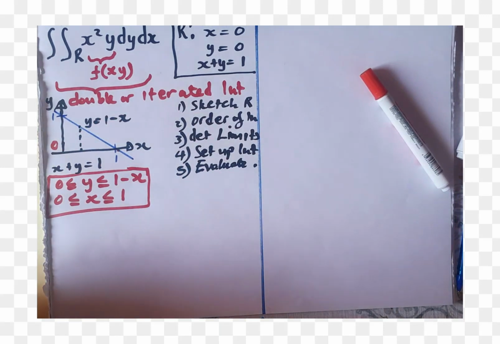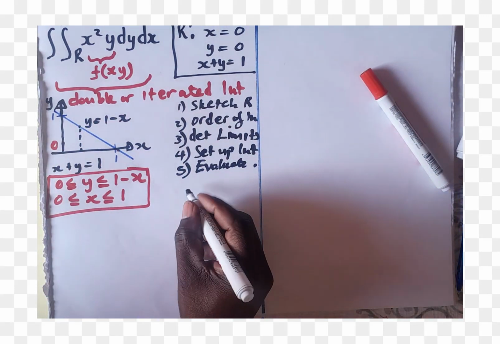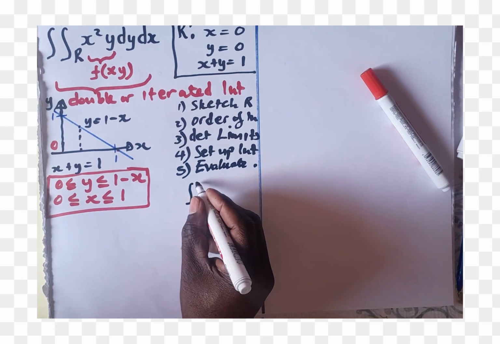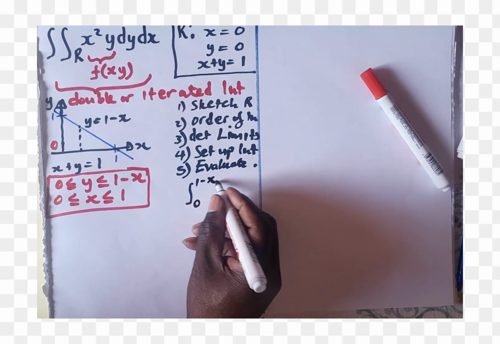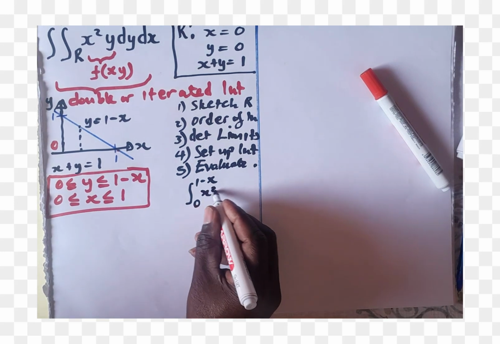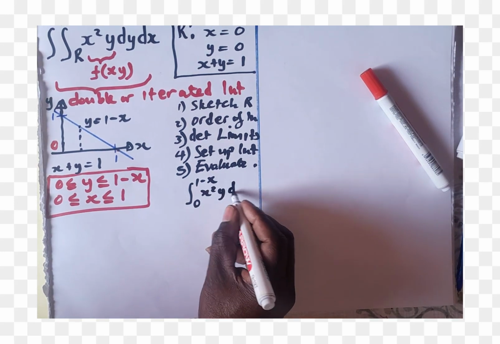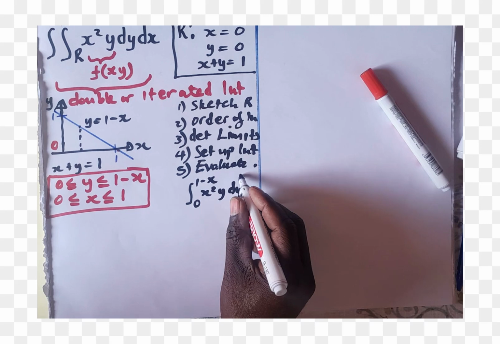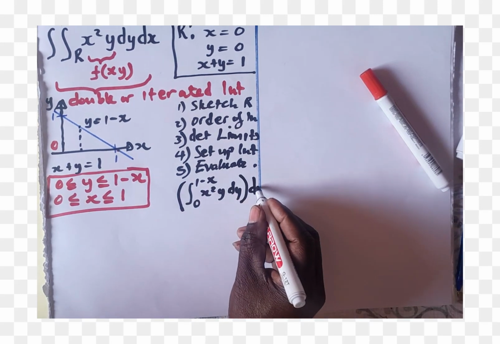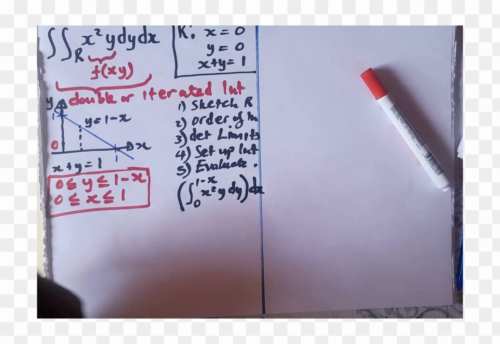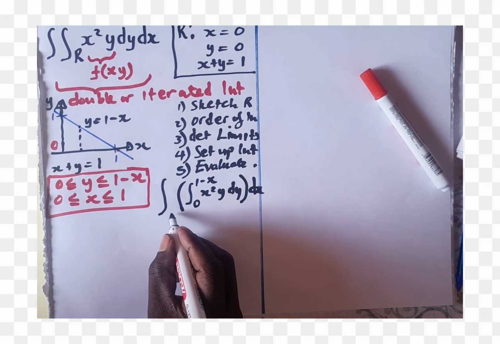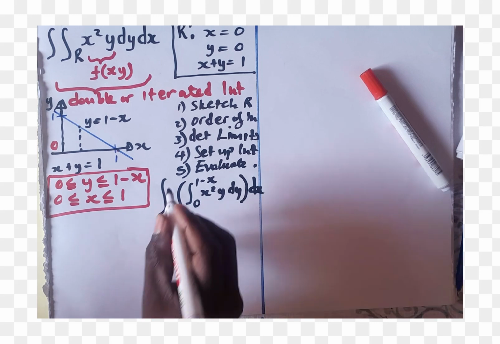So here is our integral: the integral of y from 0 up to 1 minus x of our function f of x, which is x squared y, with respect to y. Then we put big brackets outside, and then here, finally, we will integrate with respect to x from 0 up to 1.